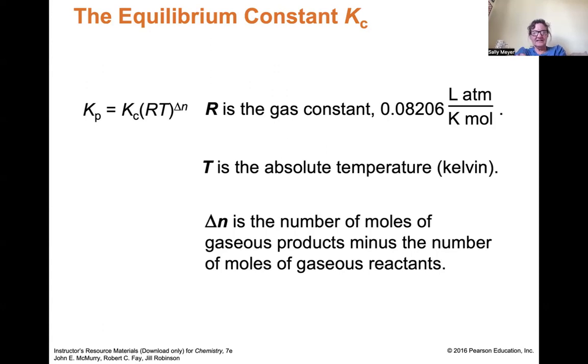I don't particularly like this equation. I kind of like doing a conversion of each specific reaction, which is what I'll show you. All it's showing you is that Kp and Kc are related. If you have perfect gases, we can use PV equals nRT, and we can use that equation to relate concentration to pressure, and that's how you come up with this first equation here.